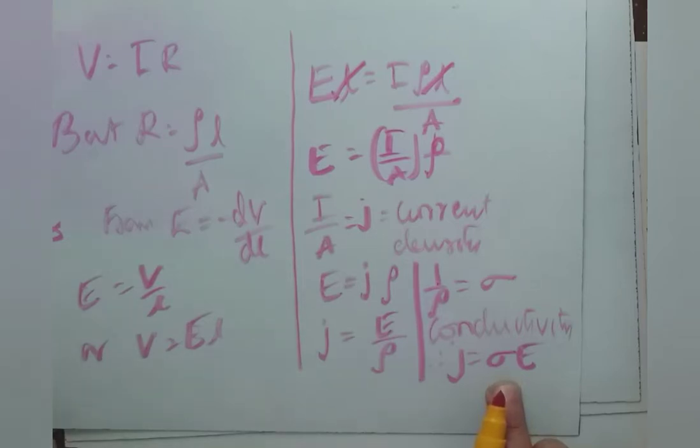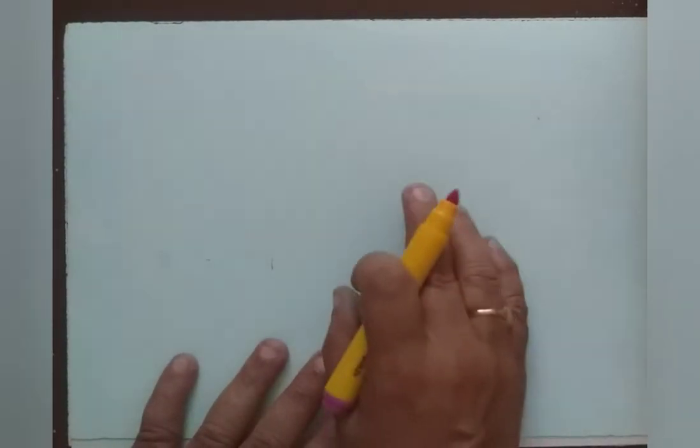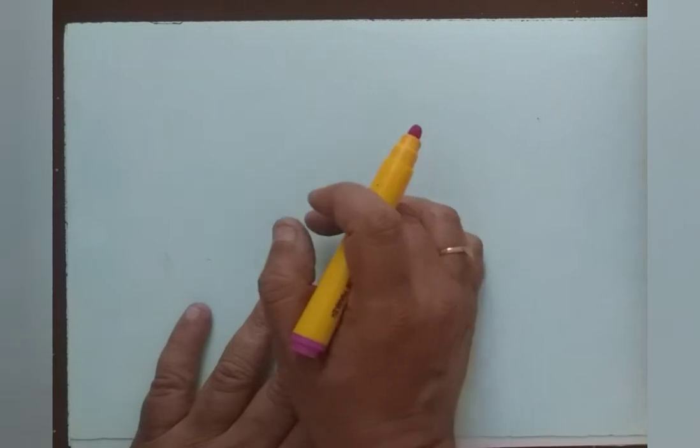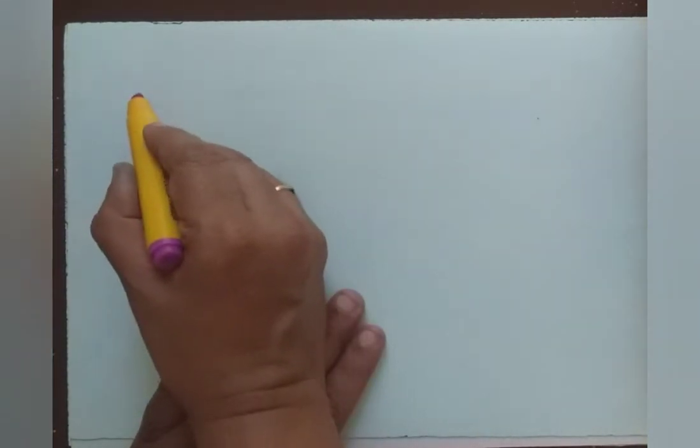With this, we now start learning a derivation where we derive an expression for drift velocity, and from that we derive an expression for the conductivity. We start with the first thing: we want to derive an expression for drift velocity.